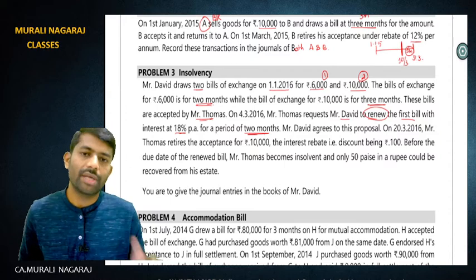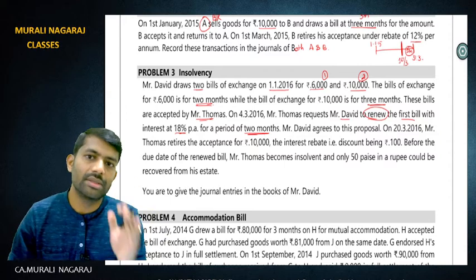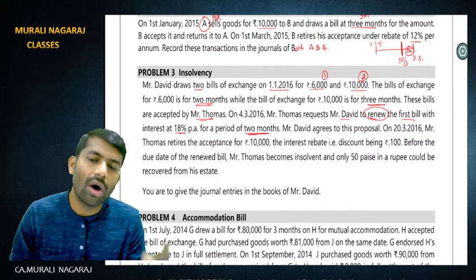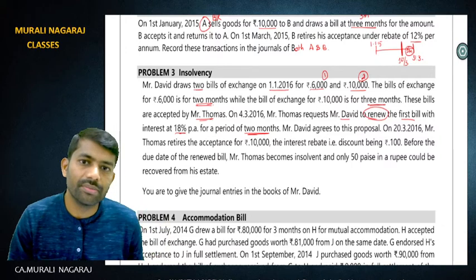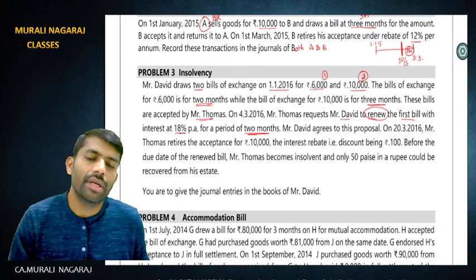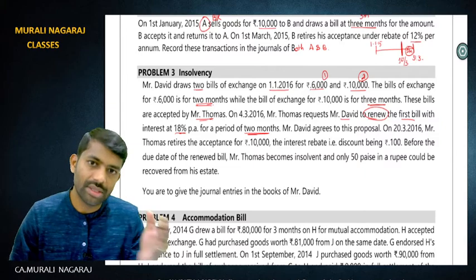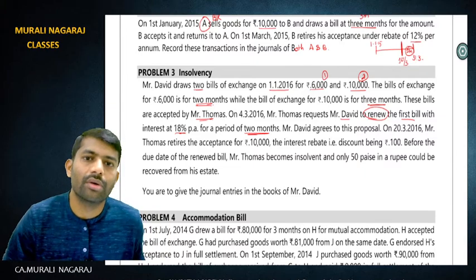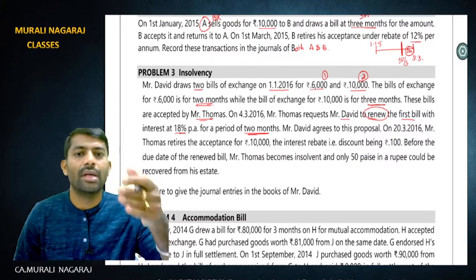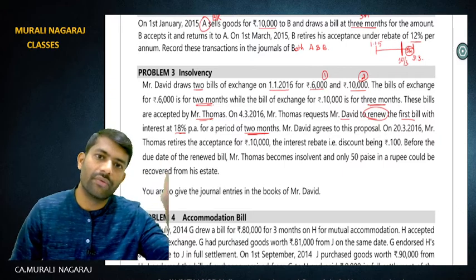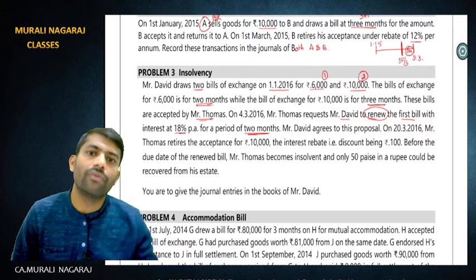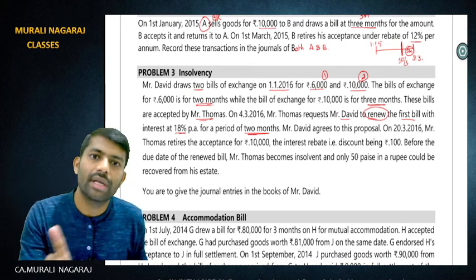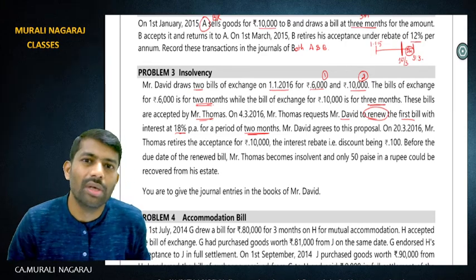For the first bill, actually 1/3 is the maturity. If he is honoring, then only plus 3 days. If he is not honoring, we have to calculate from 1st March itself. If I calculate again from that 4th plus 3 days, then for the same transaction 6 days extra would be given, which is not acceptable.